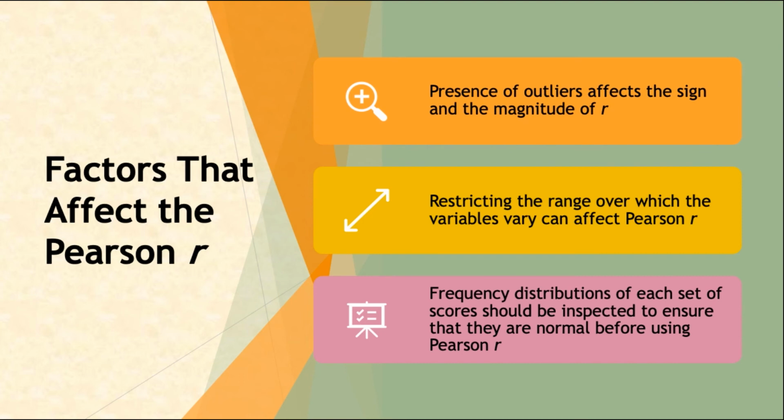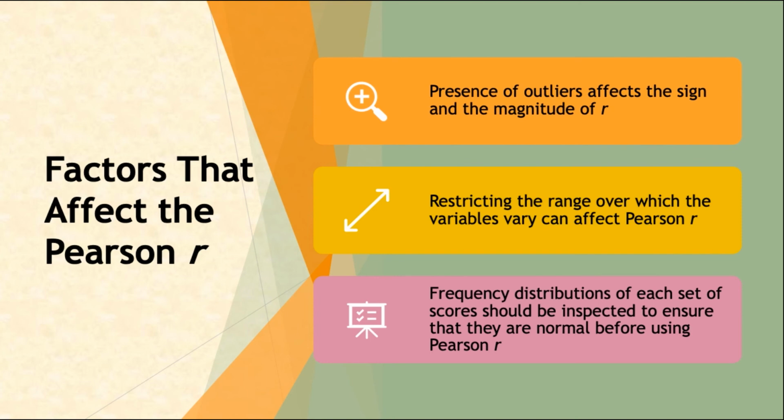You can do this by constructing a scatter plot and then determining whether the points appear to scatter systematically around a straight line. When the relationship between the variables is nonlinear, the Pearson R underestimates the degree of relationship between the two variables. Pearson R is used when both of your variables are measured along a continuous scale.